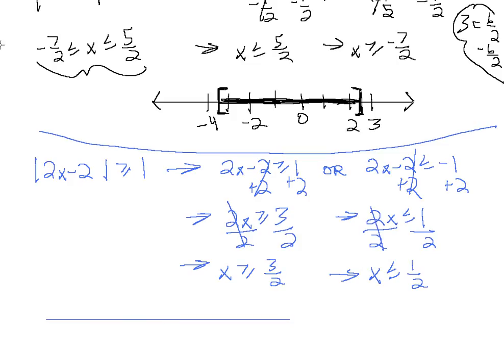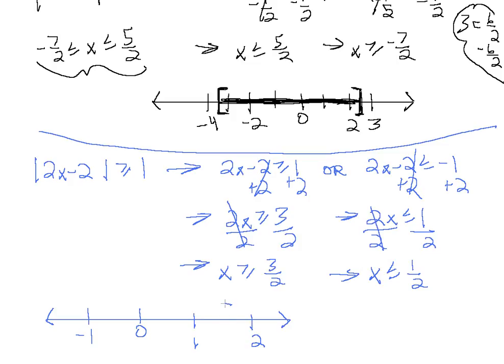So we're going to zoom in quite close on our number line. Here's 0, here's 1, here's 2, and going in the negative direction. So we want two intervals. We're going to have two shaded regions. We want all the values of x that are greater than or equal to 3/2, which is right here.